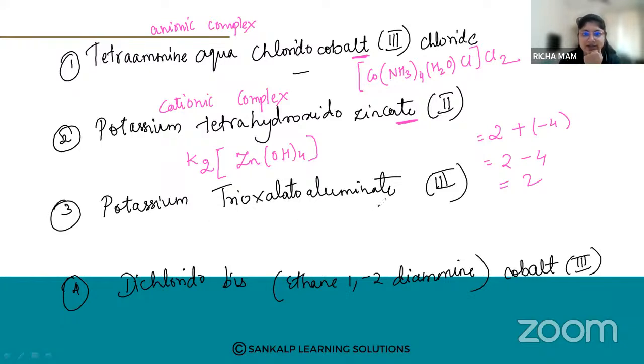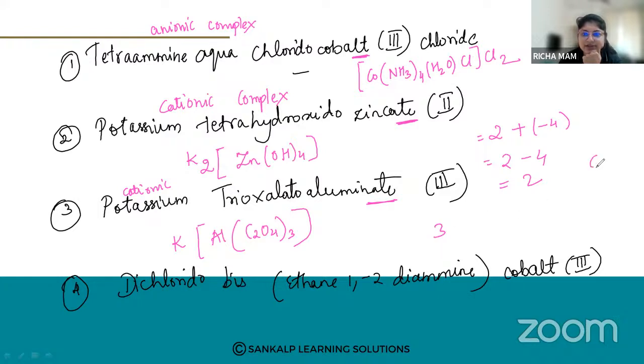Potassium trioxalatoaluminate. Again an anionic complex. So potassium will be outside, and aluminium will be there, and oxalato is C2O4. Trioxalato means 3. Now find out aluminium, what is the charge? They have given us 3.